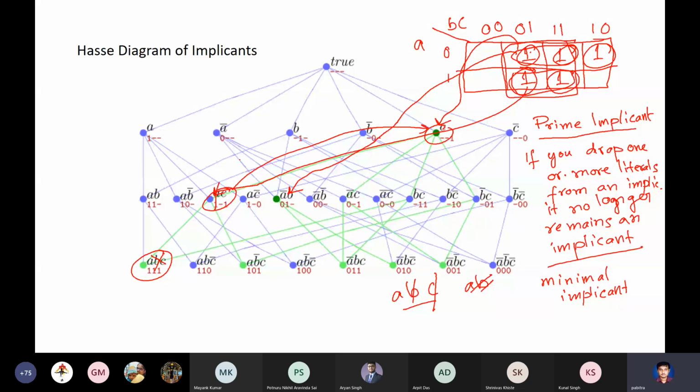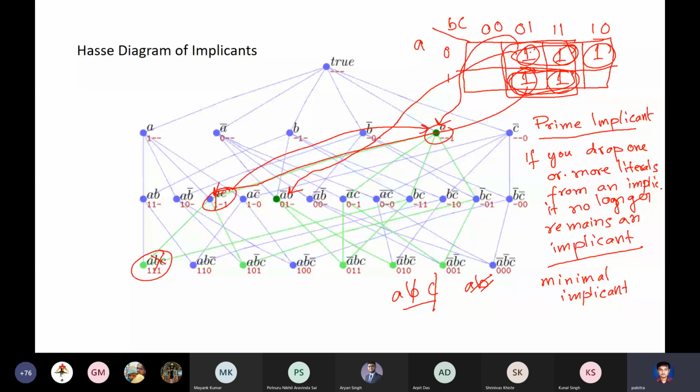So in the Carnot map, what it means is that if an implicant is a subset of another implicant, it is not a prime implicant. A prime implicant is one such box which is not a proper subset of another valid box. It should not lie completely inside.